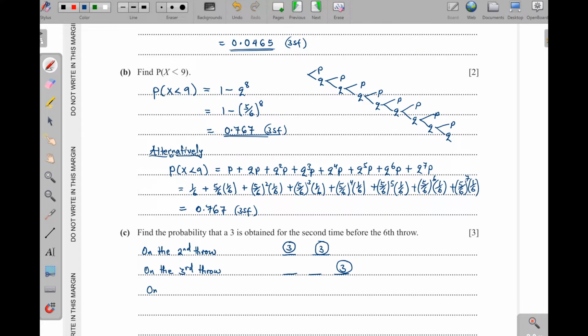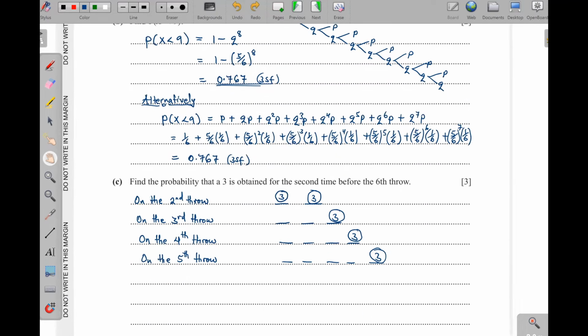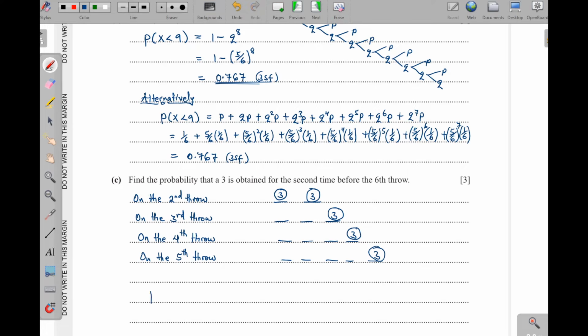Then next, let's look at the fourth throw. On the fourth throw, 1, 2, 3, 4, that is where we are having the 3. And they said before the 6th, that means we shall go up to the 5th. Then on the 5th throw, 1, 2, 3, 4, 5, the 3 is here. Now, here, you are having only 3s, okay? So I'm going to have our probability here.